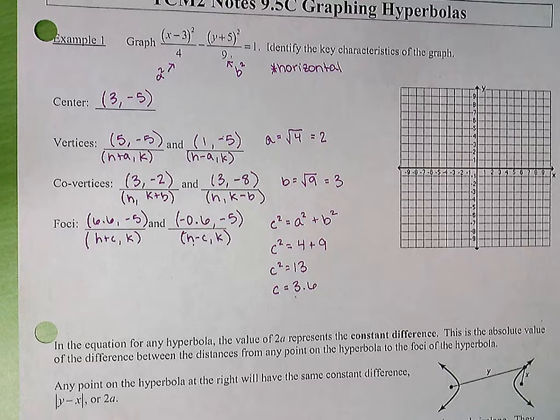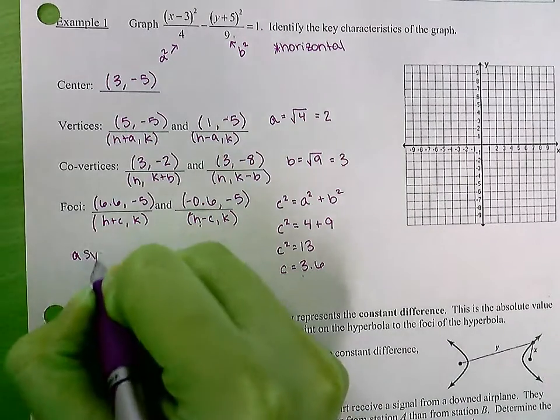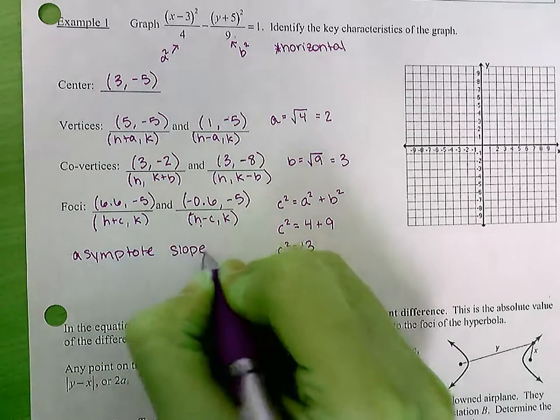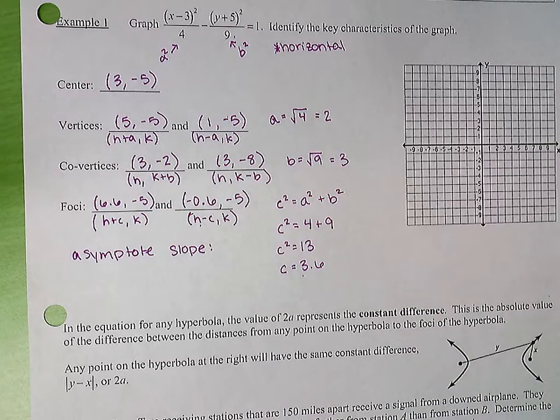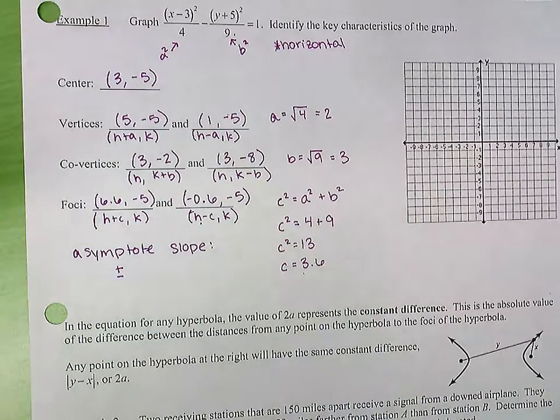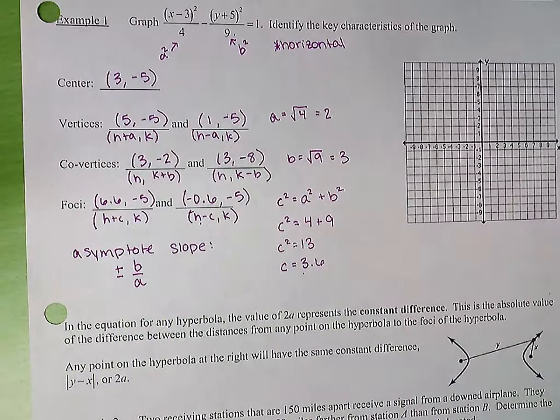Now, before I start plotting these points, what I'm going to do is find the asymptote slope. For a horizontal hyperbola, your asymptote slope is plus or minus b over a.